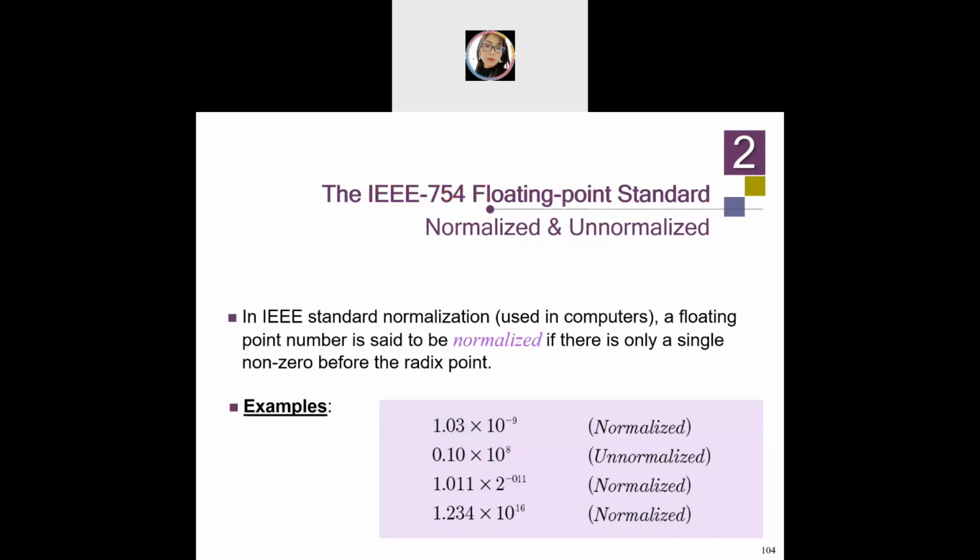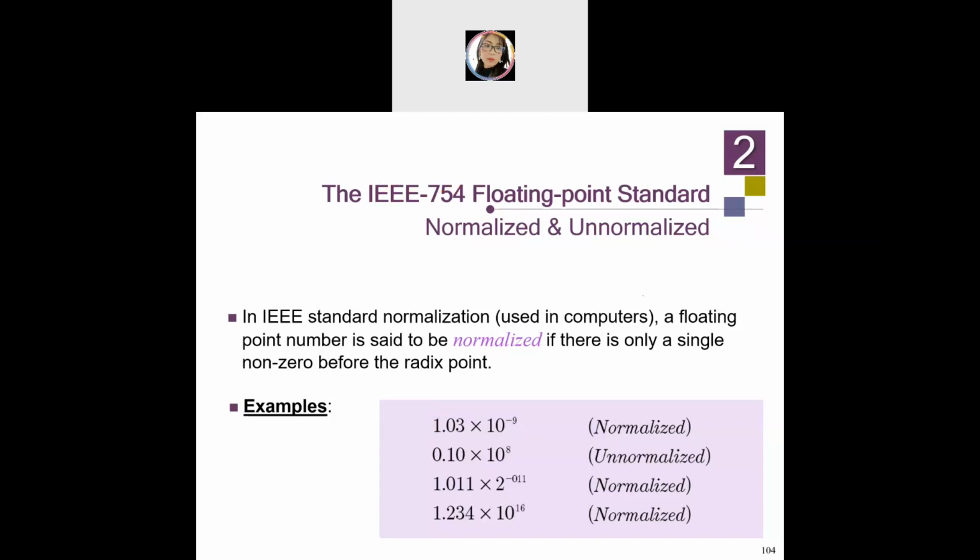If you don't know about normalization for IEEE, you are going to say, hey, just now it mentioned that after the radix point is supposedly non-zero, but this is not normalized. But IEEE says it is normalized. So how does normalization work in IEEE?